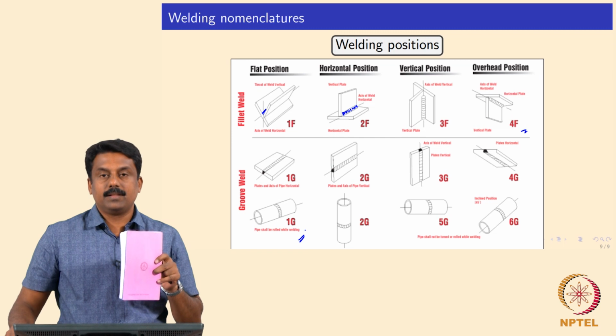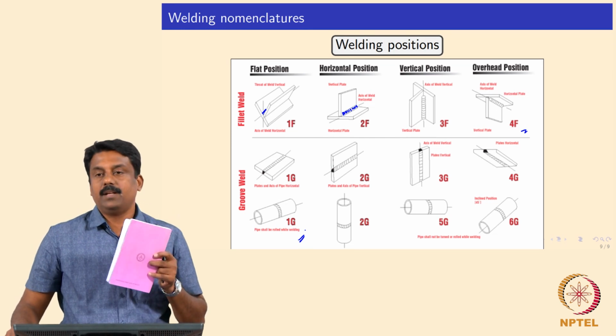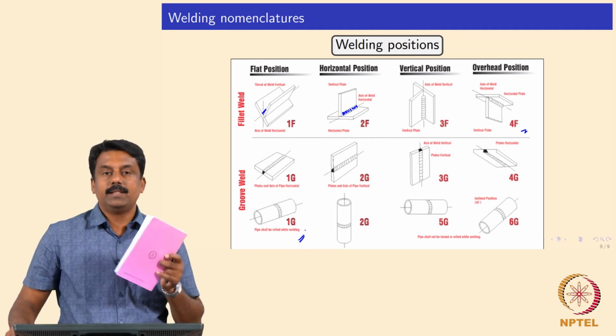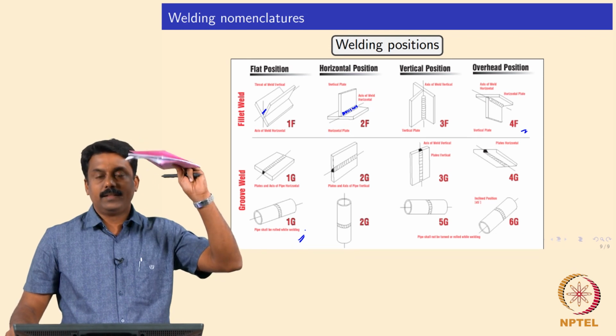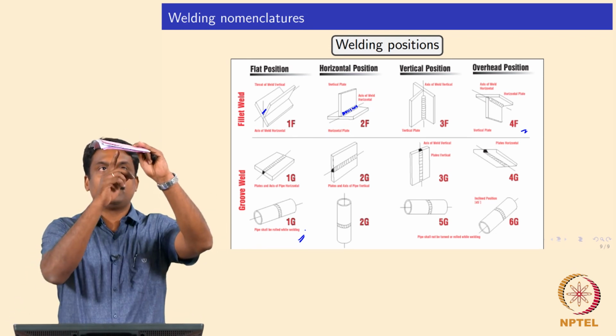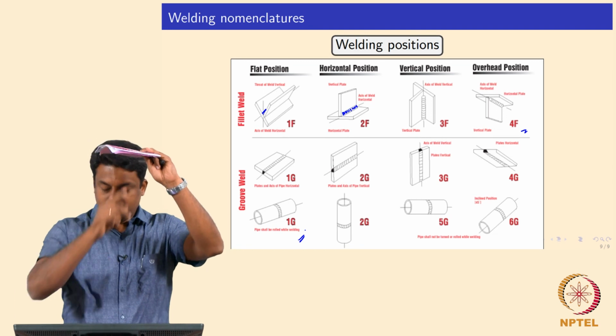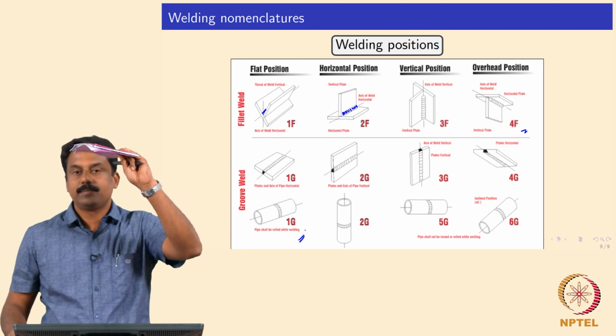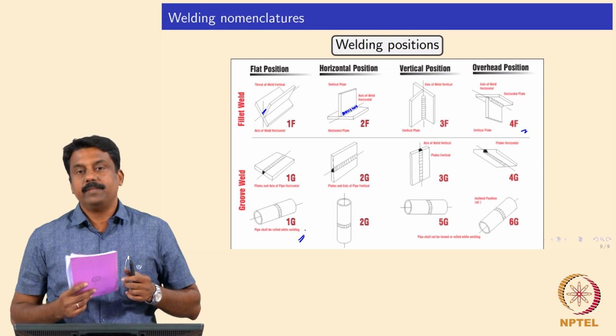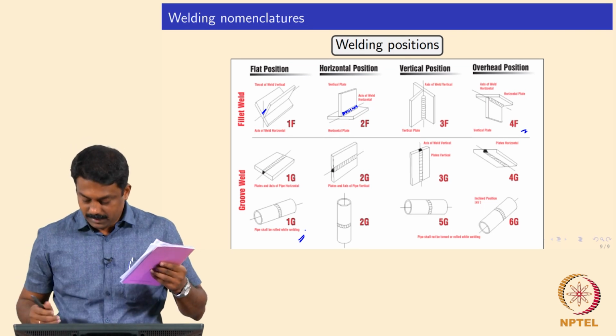And there is an even more complex one, which is generally not advisable to do, a complete overhead welding. Okay. So something like this, you weld on a plate in horizontal positions. Okay. So that is 4G.